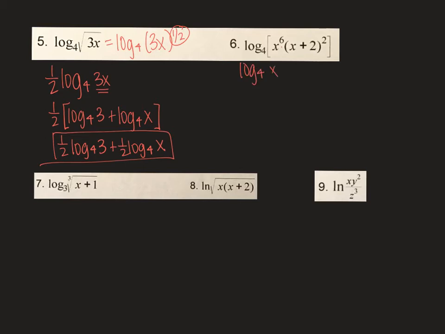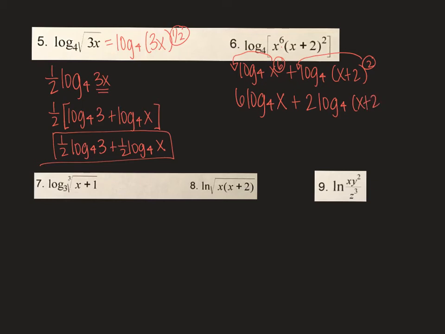So log base 4 of x to the 6th plus log base 4 of x plus 2 squared. So we're going to move this exponent to the front of that logarithm, this exponent to the front of this logarithm. So we've got 6 log base 4 of x plus 2 log base 4 of x plus 2.